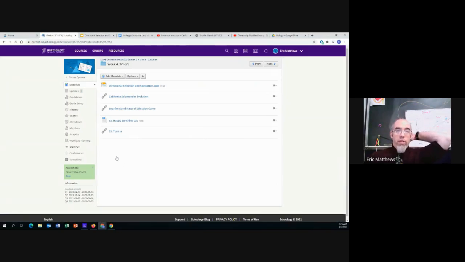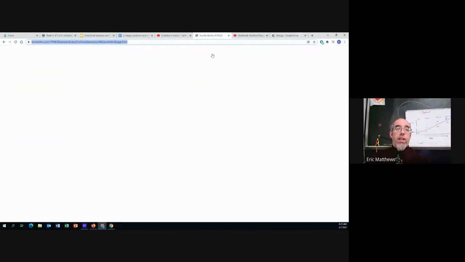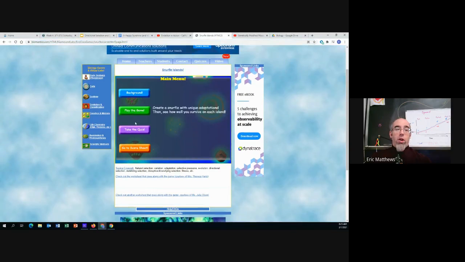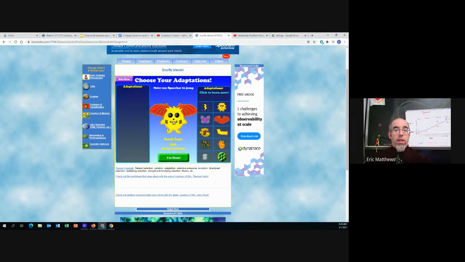Inside the folder, I have all kinds of things. I have our notes that we're going to do here as a group. I've got a video, the California salamander evolution, which is really pretty neat. This is actually a natural selection game. Basically, when you play the game, what you do is you pick what adaptations you want.